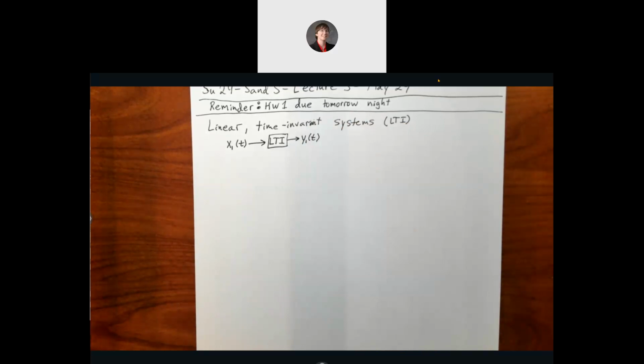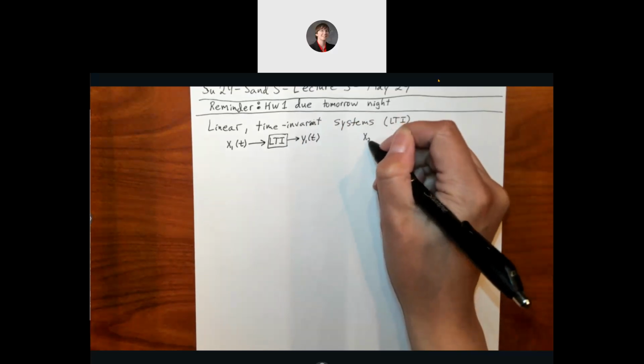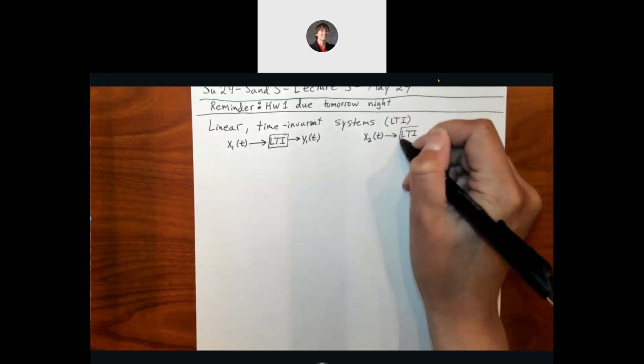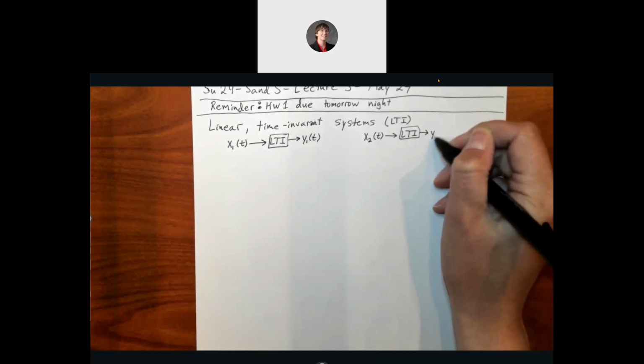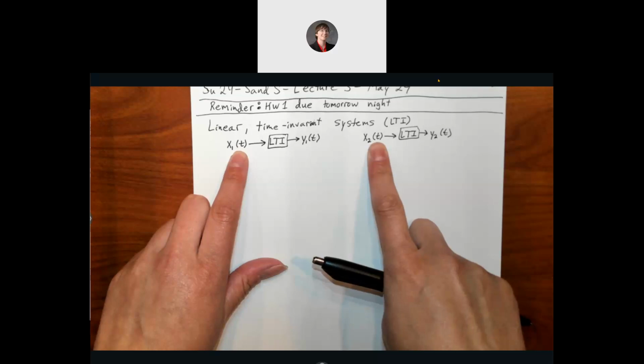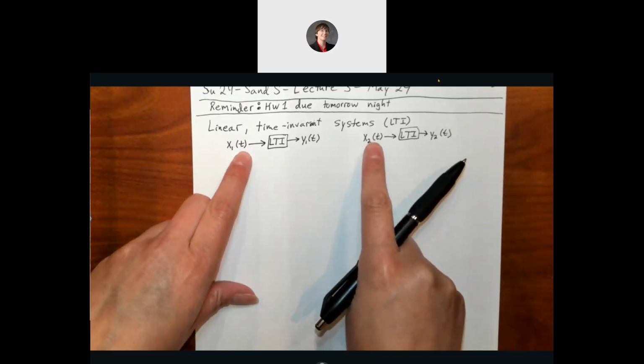If I take another input and pass it through the same LTI system, and I know what that output is, then if it's a linear time invariant system, I can do a linear combination of these inputs, meaning I can scale them and combine them together through addition or subtraction, because you can have a negative multiplier. And I can also time shift these signals.